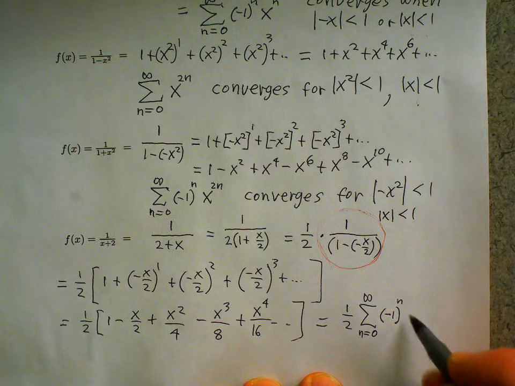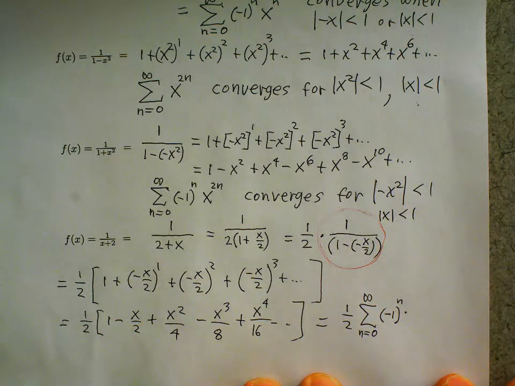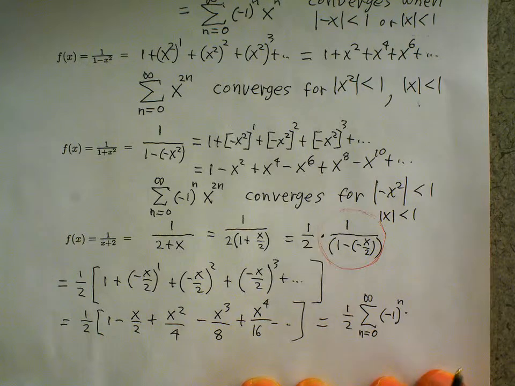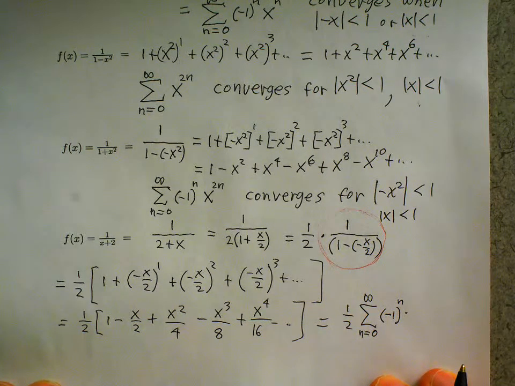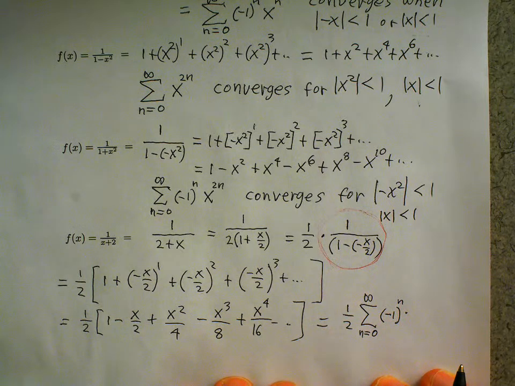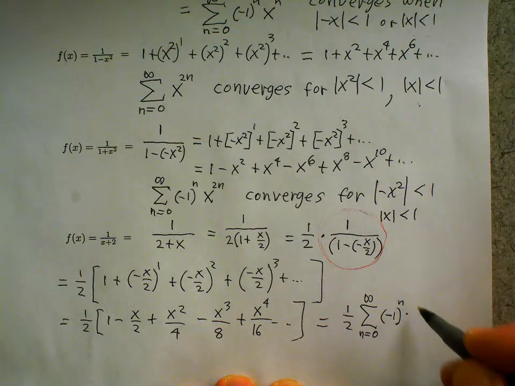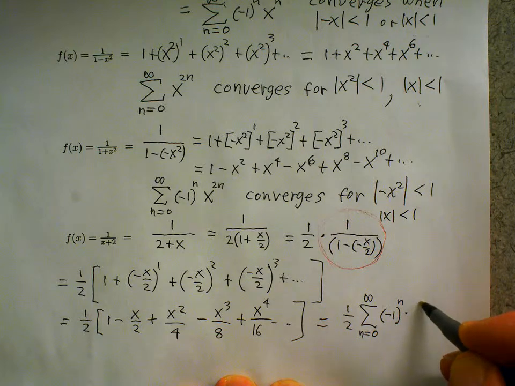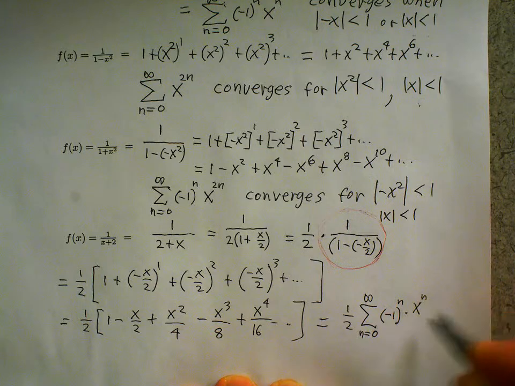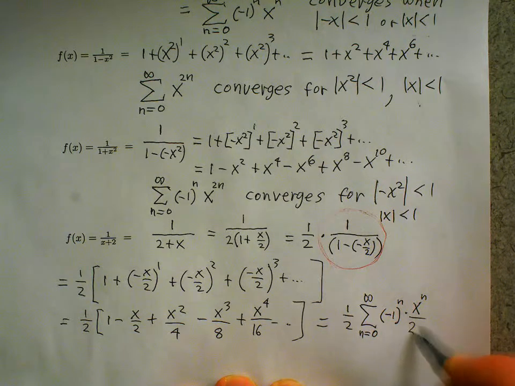And the terms are x to the n over 2 to the n.